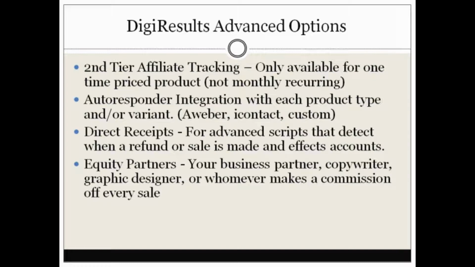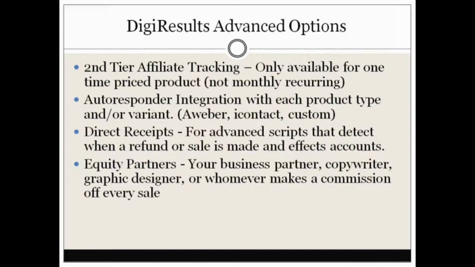Basically, if you have a business partner and you're splitting it 50-50, so let's say a $20 sale is made. So if your affiliate has made the sale and they get 50%, then you split the $20 into $10.